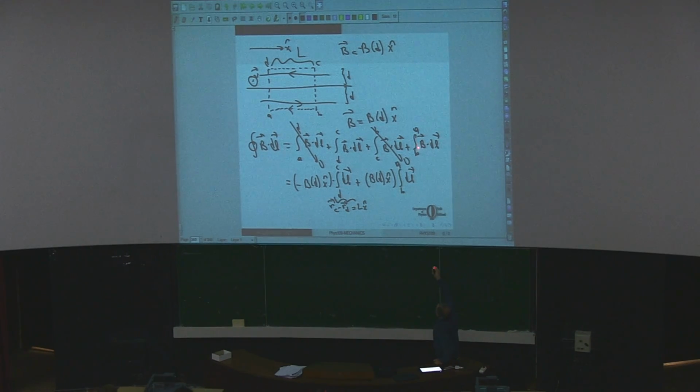Now, if I look at the other one, this integral over here is RA minus RB, a vector connecting point B to point A, but that is minus L x hat. Well, I can just do the scalar products. x hat dot x hat is 1. x hat dot x hat is again 1. So this will be equal to minus 2L B of t.